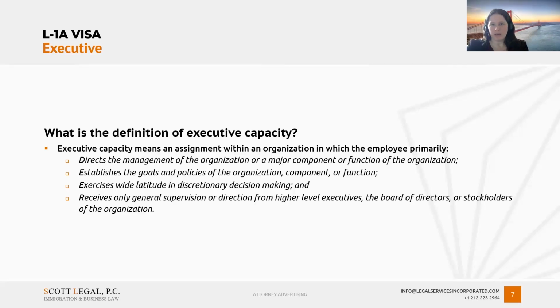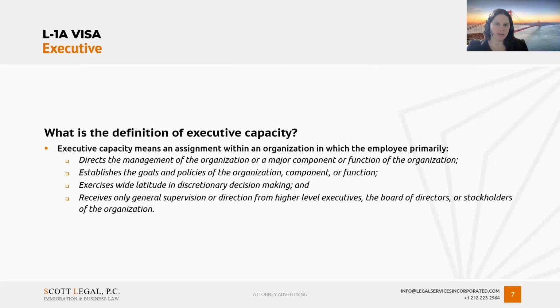The way the government interprets these criteria is relatively strict. They really will pick at the job duty description for any of these categories to see whether it really fits within these criteria.